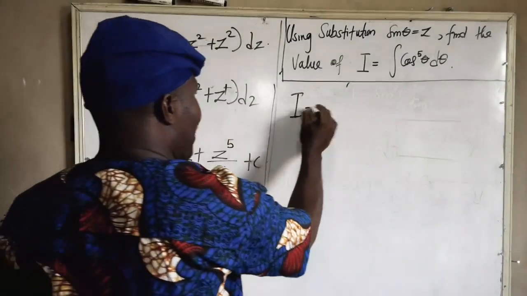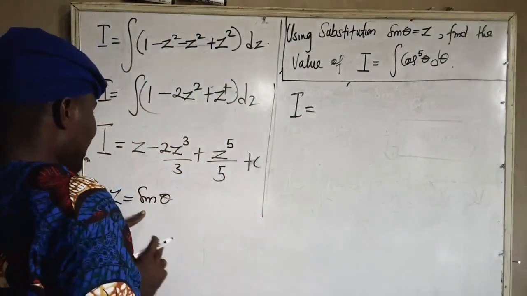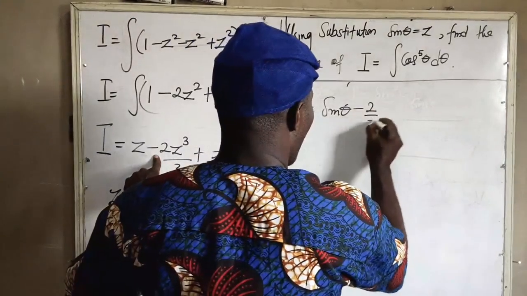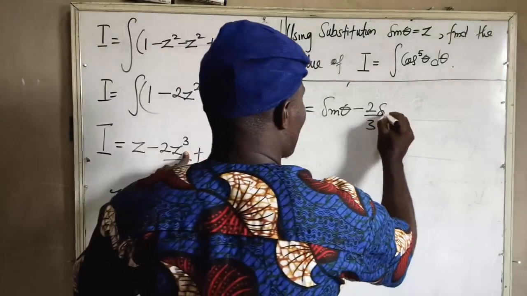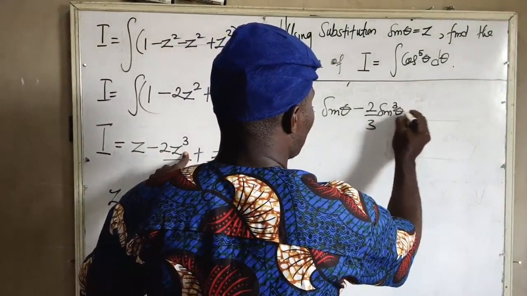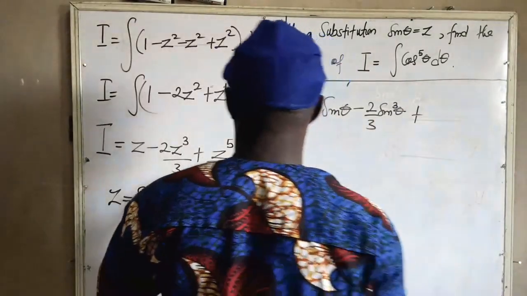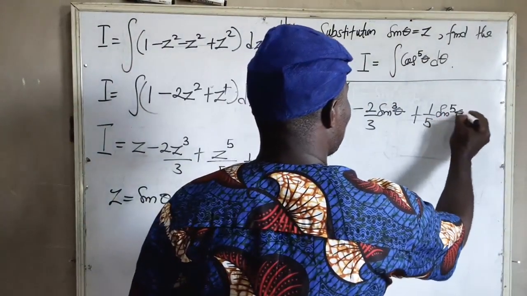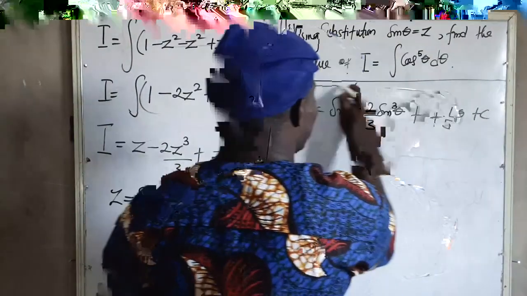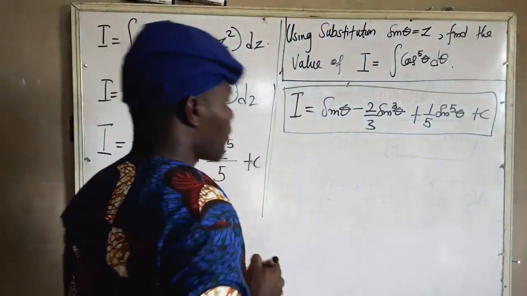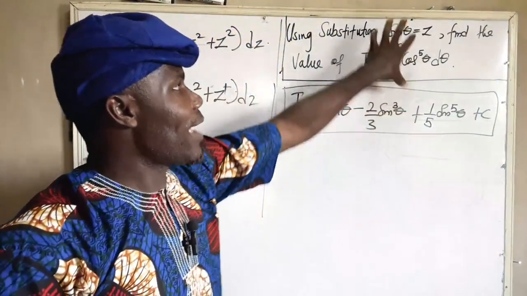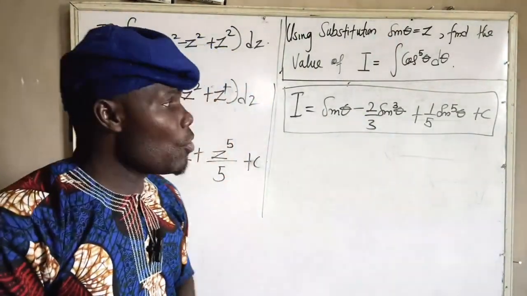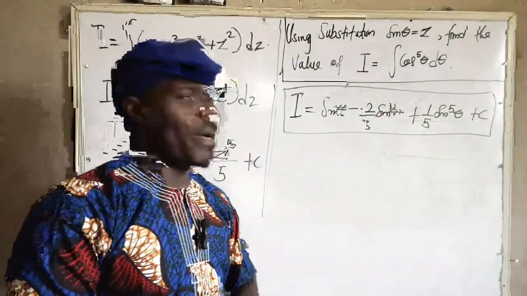The value of I at this junction will be, since z is sine theta, I is equal to sine theta minus 2 over 3 sine cube theta plus 1 over 5 sine raised to power 5 theta, plus a constant. This is the answer for this question. So these are the steps and the procedure of using integration by substitution.